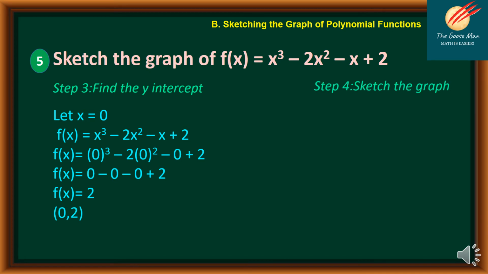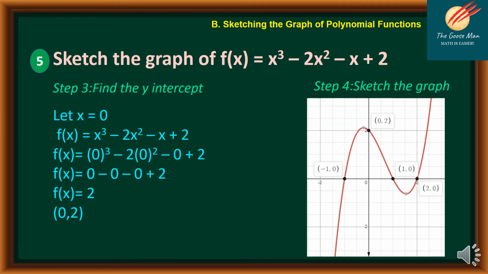Next step, step number 4, is we simply sketch the graph. Take note that a while ago we found the x-intercepts negative 1, 0, 1, 0, and 2, 0. Okay? So these are the x-intercepts, while 0, 2 is our y-intercept. And take note that since the highest exponent is 3, we will have only, guys, 2 turning points.